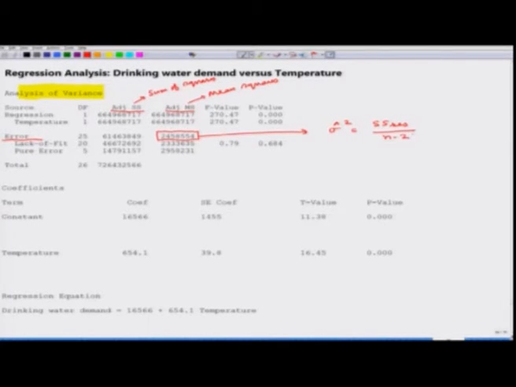Here this SS residual is given by this thing. This is our sum of squares due to residual. The number of observations here is 27, so the sum of squares due to residual divided by 25 gives us this value.